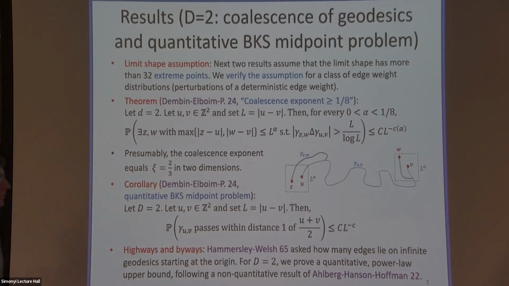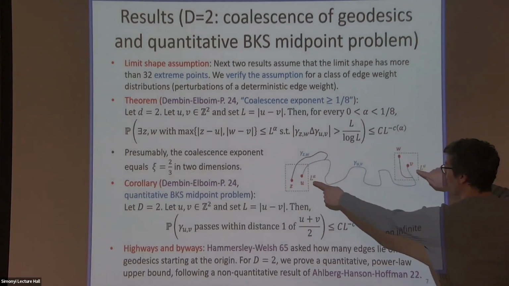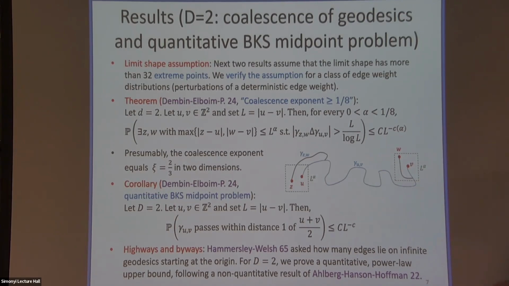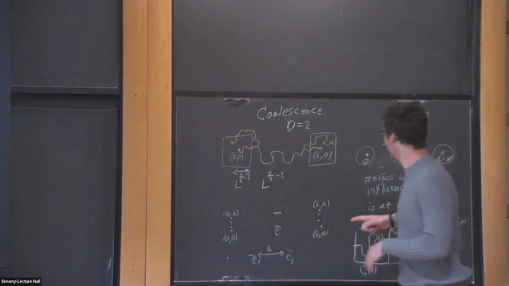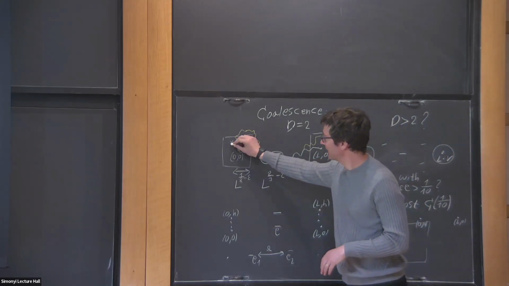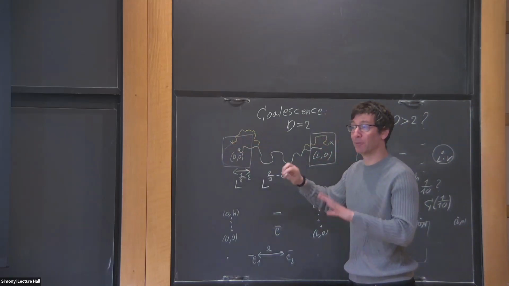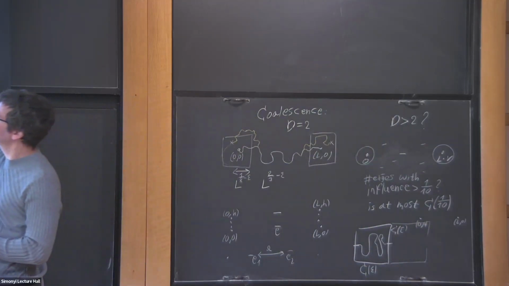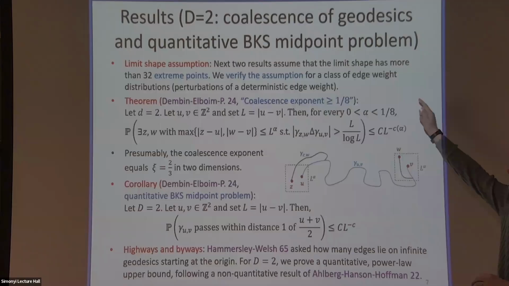So what we were using is that the two starting and ending points, the two pairs coalesce. The thing which is useful for us is that in 2 dimensions, geodesics are ordered. So if one geodesic starts above another, then unless it goes around the starting point, which we have to rule out, so there is something to do. I should have mentioned actually that this does have a limit shape assumption, but we know how to verify it in some cases. And it's exactly because of this going around.